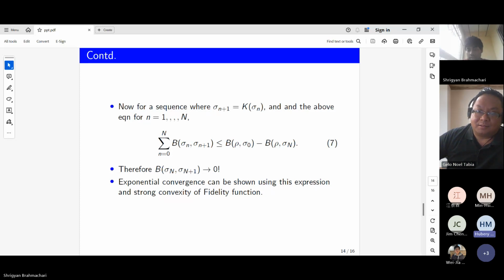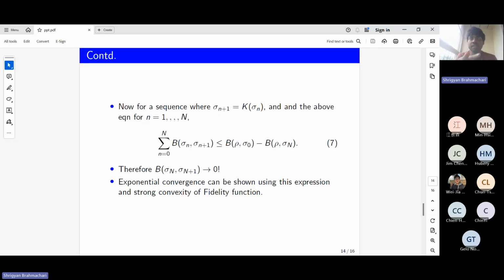So a follow-up question: even if the sequence of sigma n and sigma n plus 1 converge, it doesn't mean it has converged to the true rho you want to find. It actually does, and the reason is, as I explained before, if sigma n converges, let's just say that for some n, sigma n is equal to sigma n plus 1.